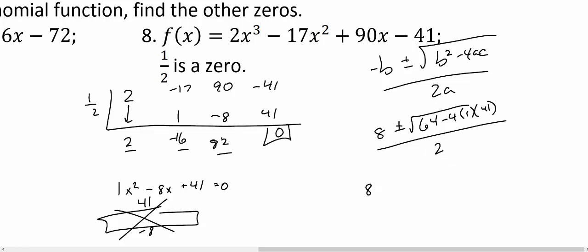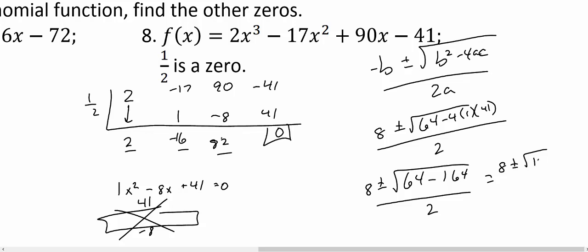So I get 8 plus or minus the square root of 64 minus 164, over 2, which is equal to 8 plus or minus the square root of negative 100, over 2.